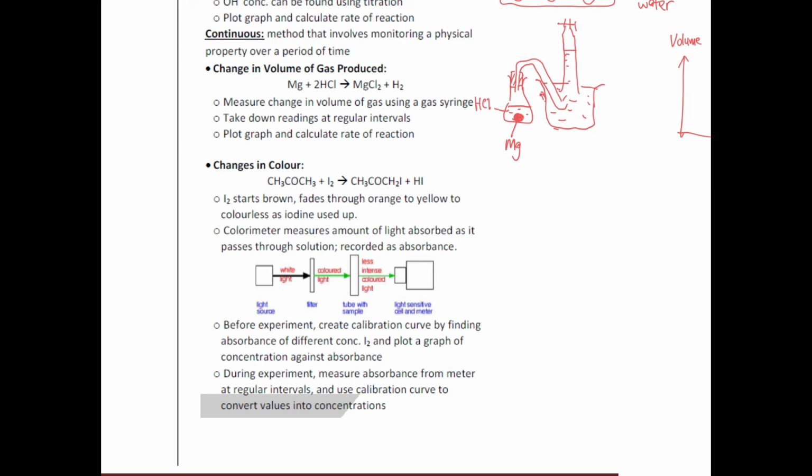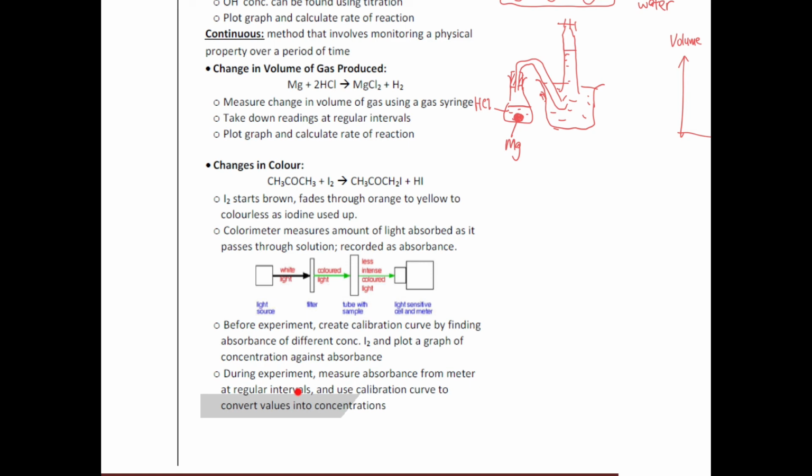After you have the information ready, then you let them react. You keep a record of the absorbance at different times, and then you compare with the calibration curve to know the concentration of I2 at that moment. During the experiment, measure absorbance from the meter at regular intervals, maybe every 1 minute.